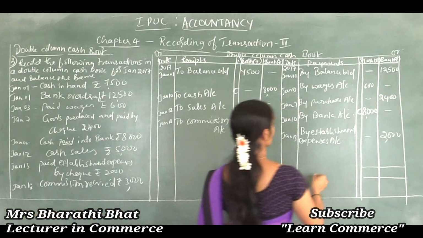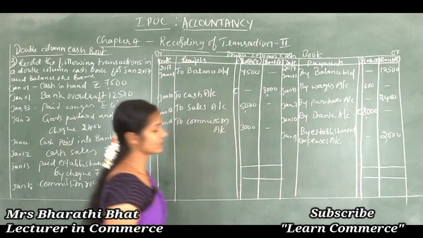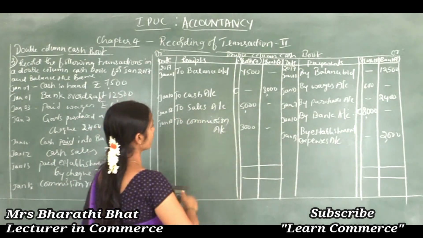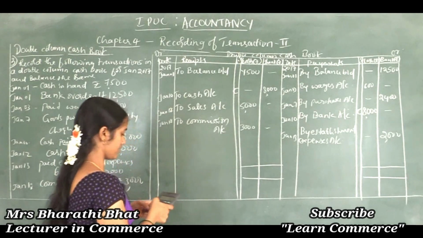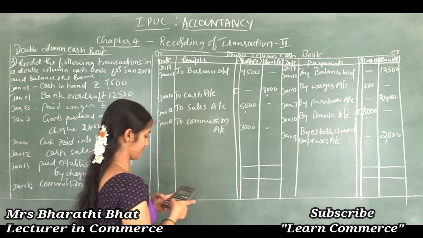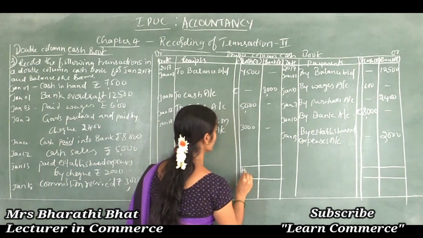So now total it. 7,500 plus 5,000 plus 3,000, 15,500.